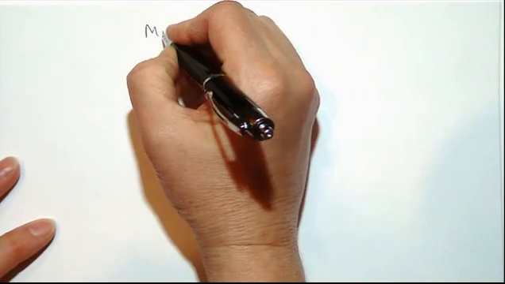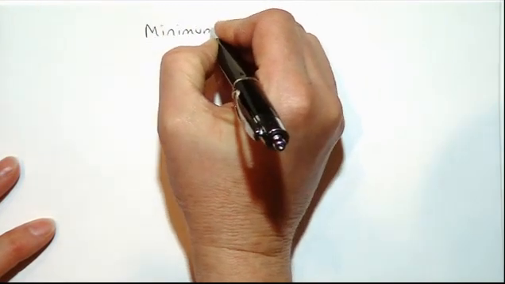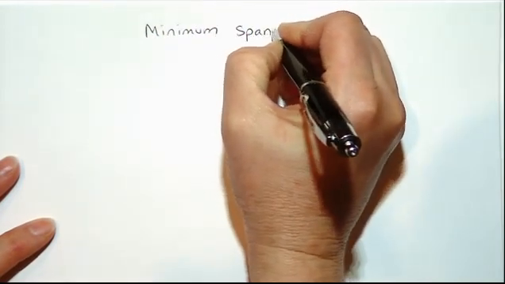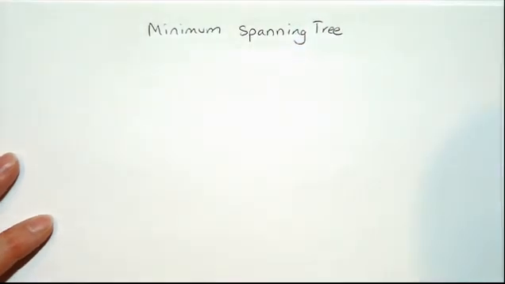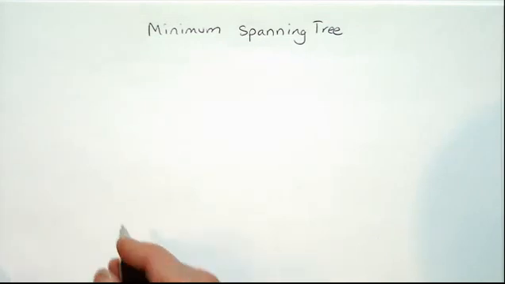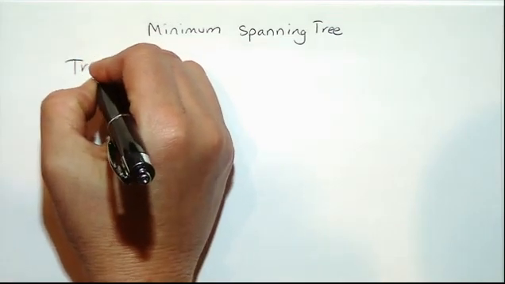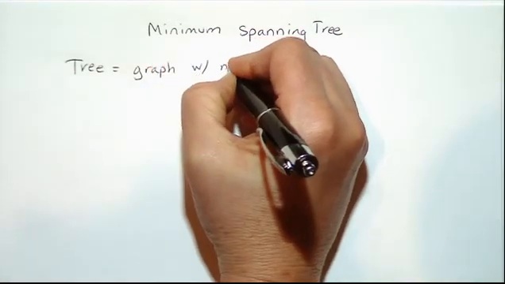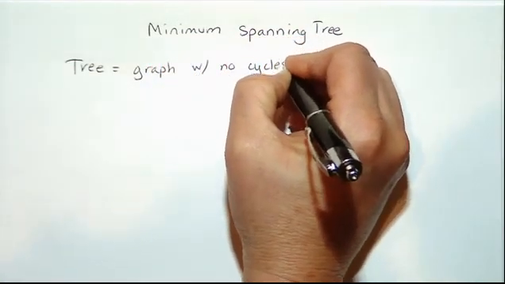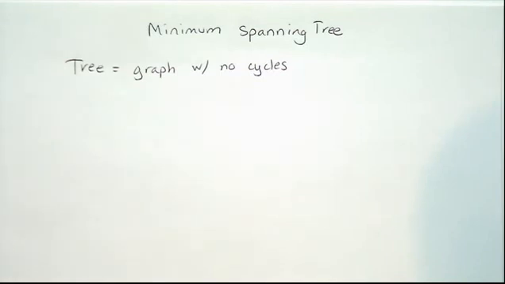So the next thing we're going to do is what's called a minimum spanning tree. So we have to know a few things before we know what a minimum spanning tree is. A tree is a graph with no cycles. And we drew some trees when we were talking about counting, right?